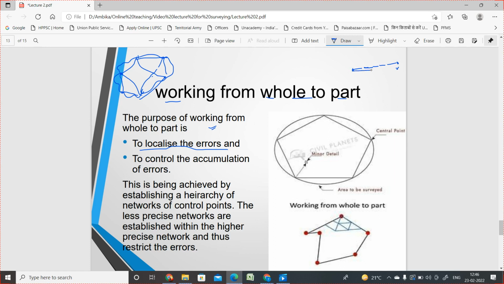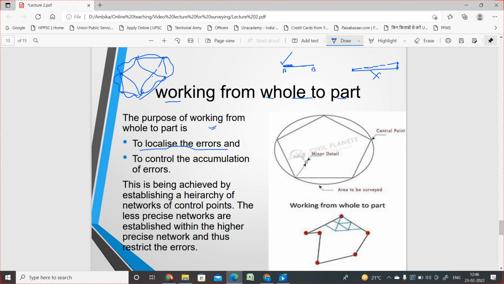But suppose these are the boundary points, this is A and this is B, and we start working from these points only. In that case, there is a very low probability of accumulation of error. That's why we always adopt this method of working from whole to part, and we do not adopt the method of working from part to whole.